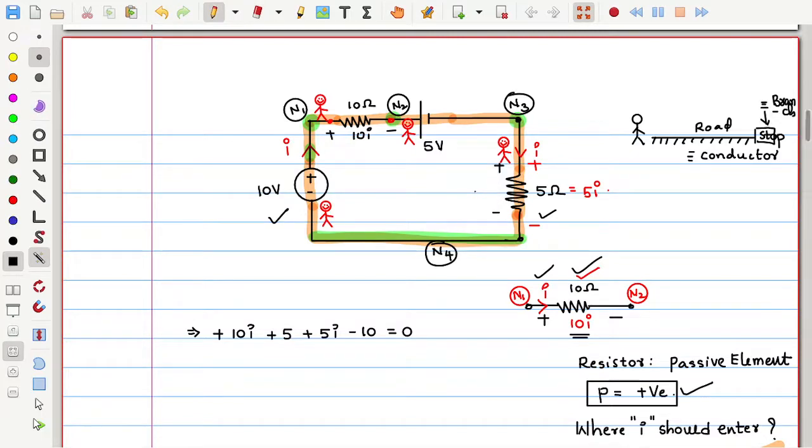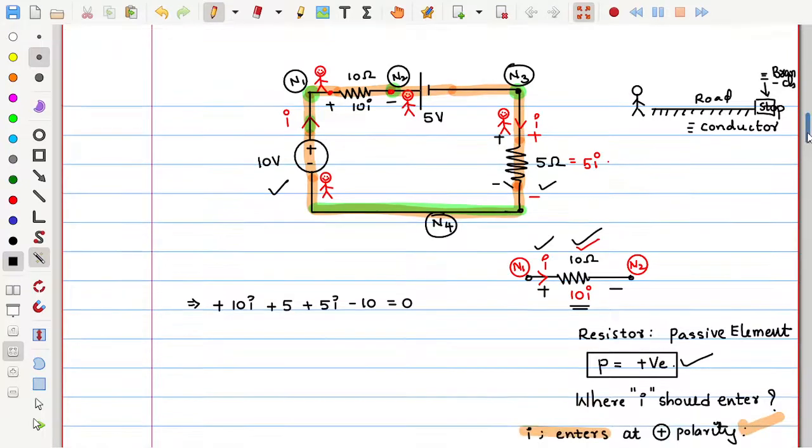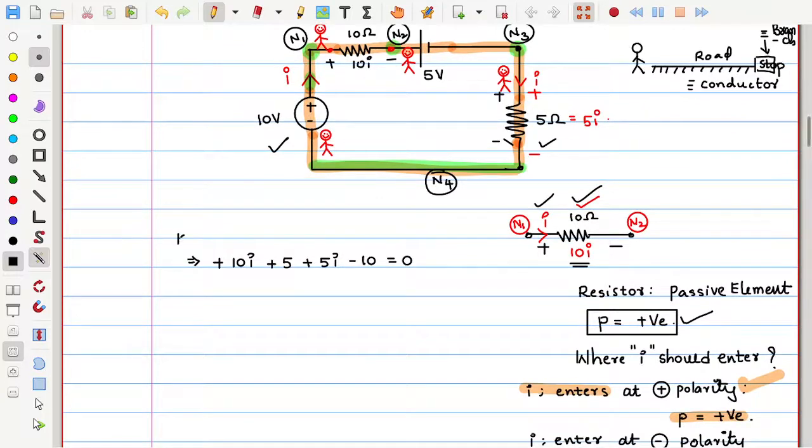And this is not given as of now. So based on the current I can calculate the voltage across this as 5I. So now according to this KVL equation, this entire sum, that is 10I plus 5 plus 5I minus 10, should be 0.